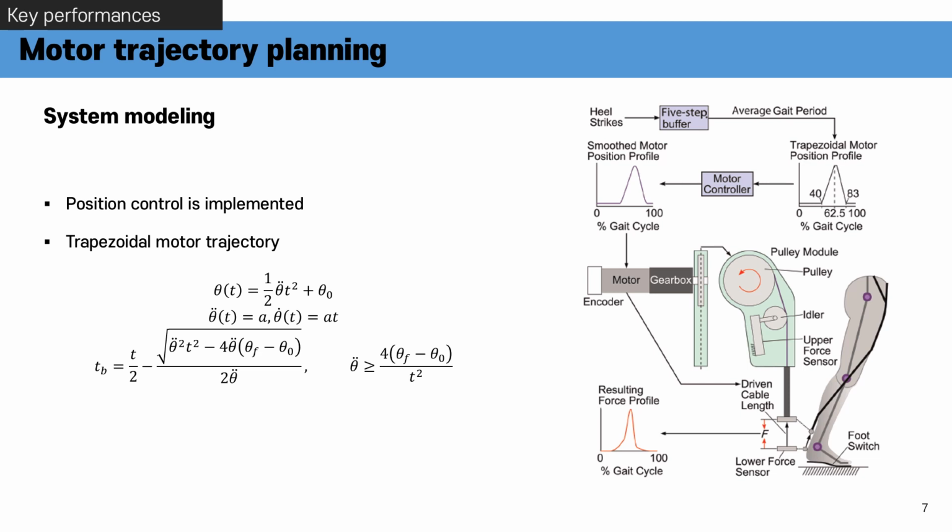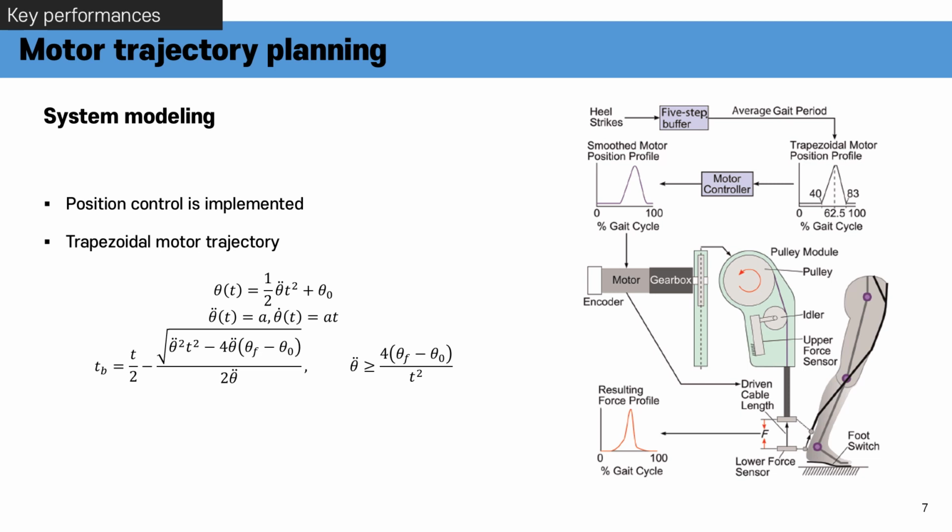In the case of plantarflexion, the cable starts to apply tension at 40% of the gait phase. It reaches its maximum assistance force at 62.5% of the gait phase. After that, it returns to its original state when the gait cycle is at 83%.